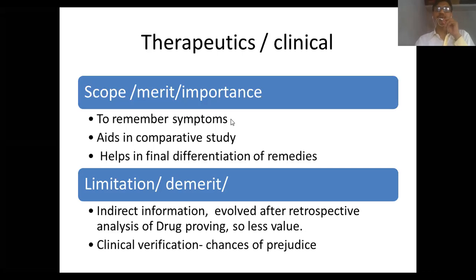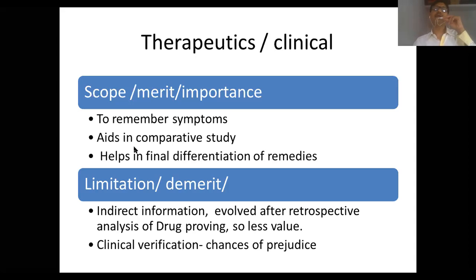So once we know that it is a clinically good remedy for malaria, we don't have to remember that Arnica montana initially has a stage of chill, then heat, and then sweat. What you have to remember is the characteristic symptom. The characteristic symptom of Arnica montana in fever is that the upper part of the body is hot and the lower part of the body is cold. Now, this simple trick will help you to remember the symptoms and also the characteristic symptoms. Then it further aids in the comparative study.